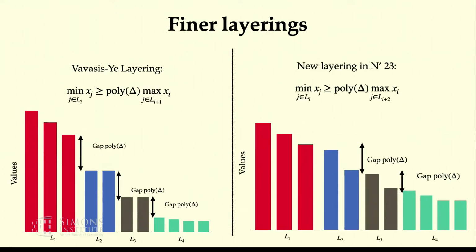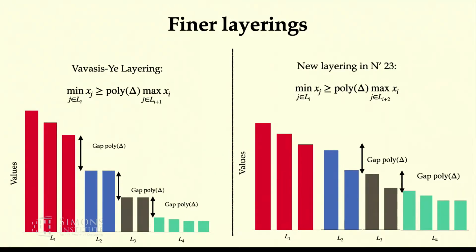But it turns out that you don't have to make your layers separated by such a big gap as they do. So what they did, again, here switch to delta, which is the maximum subdeterminant, but it doesn't really matter, is build a layer whenever you see a gap that big. It turns out you don't have to do that.